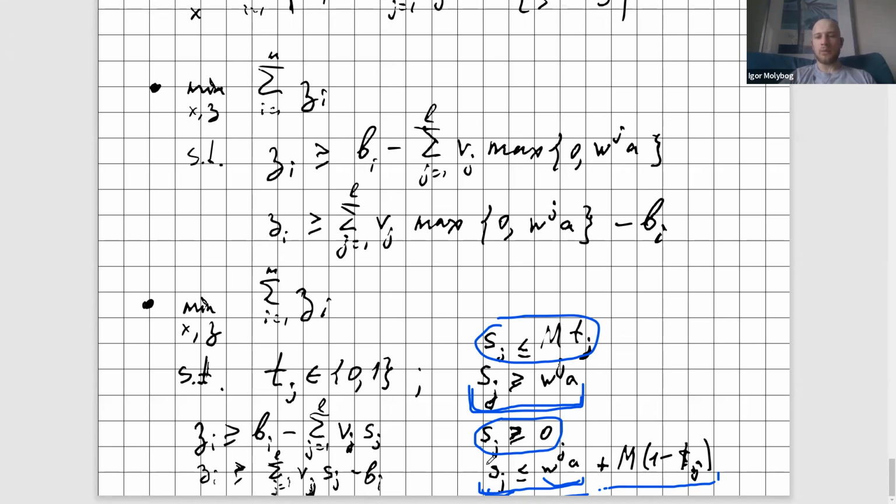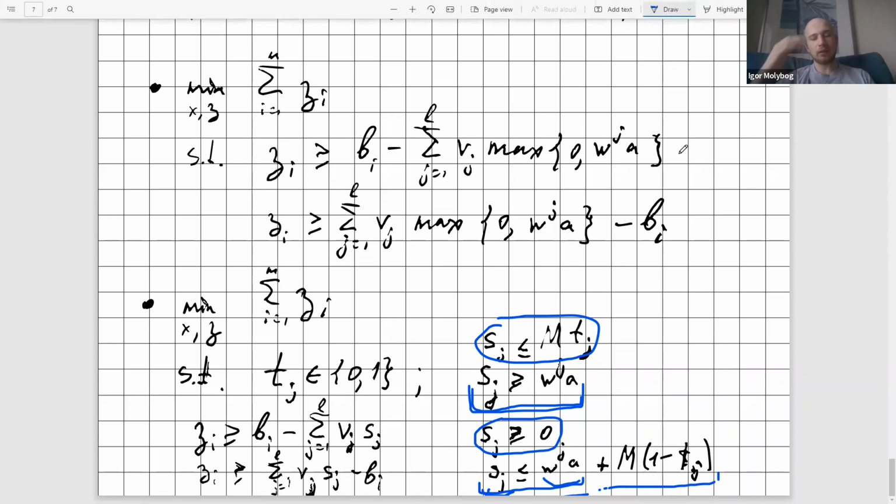So we would have a contradiction with essentially the last inequality, and therefore this is not going to be a feasible solution at all. Any questions regarding the solution over here?